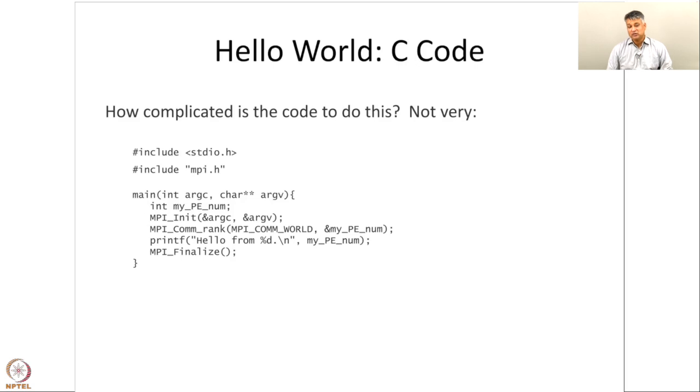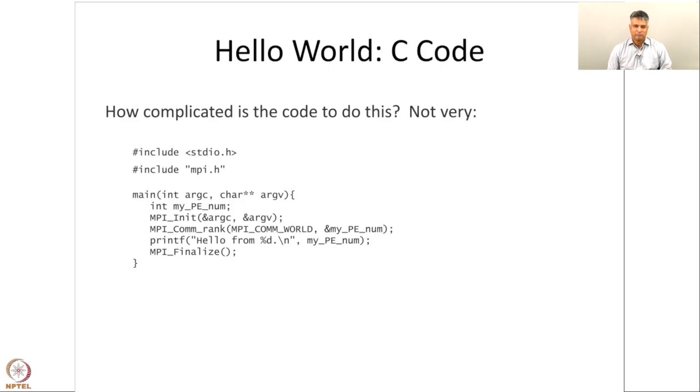If you notice here, because this code is being run as n distinct copies, each of those n distinct copies has its own local copy of myPenum. You do not need to explicitly say that myPenum is a private copy, as we had done in OpenMP.